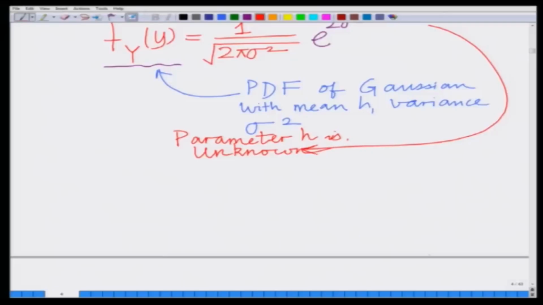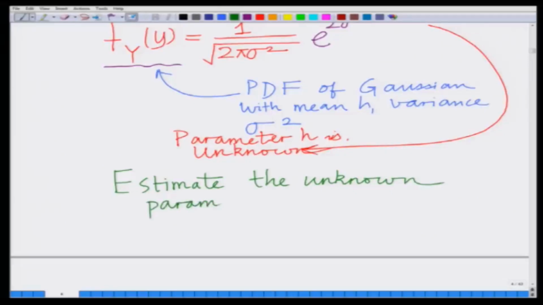So, basically we are motivated from this noisy observation to estimate the unknown parameter h, and this is basically, let me just write it in block letters, the central idea behind this course.